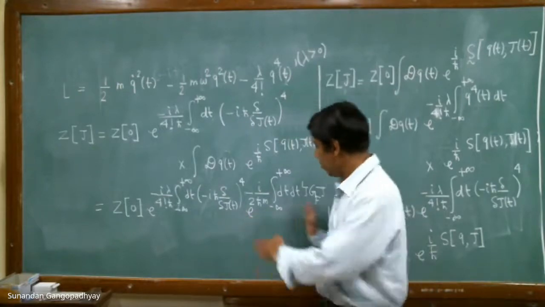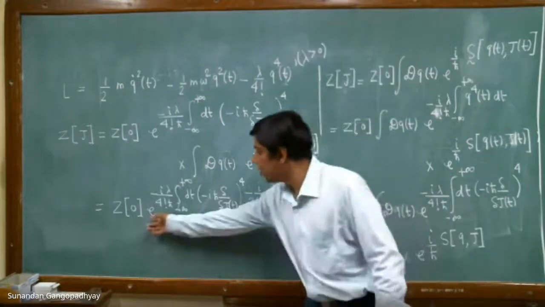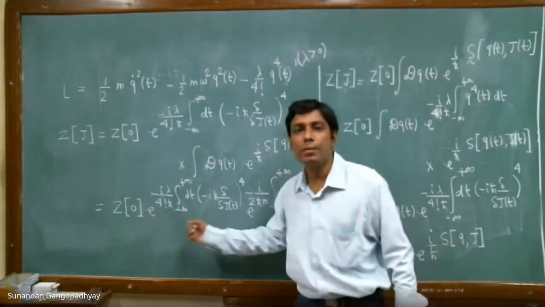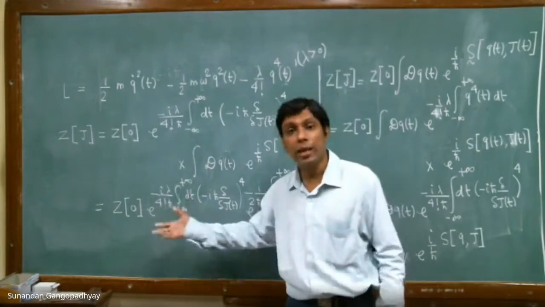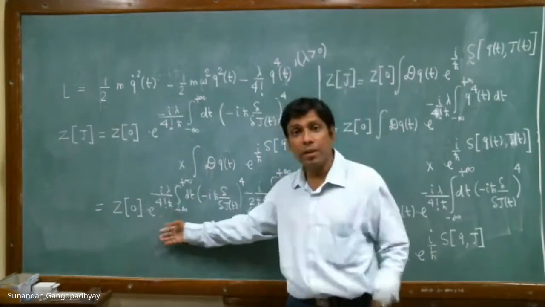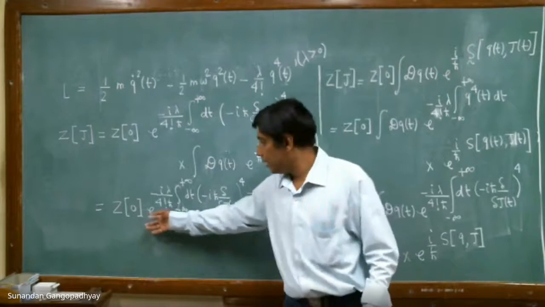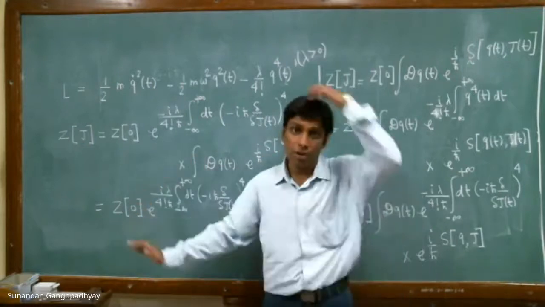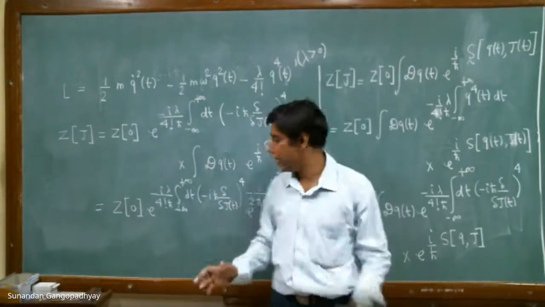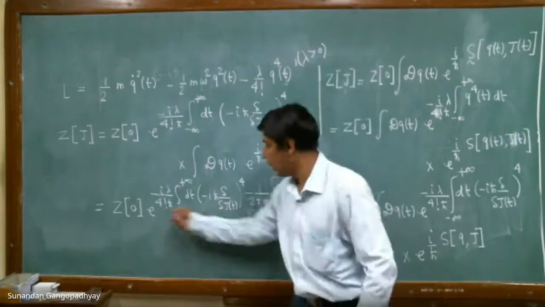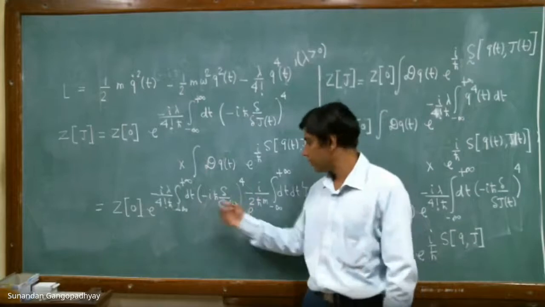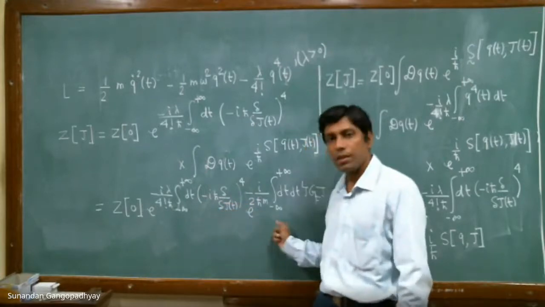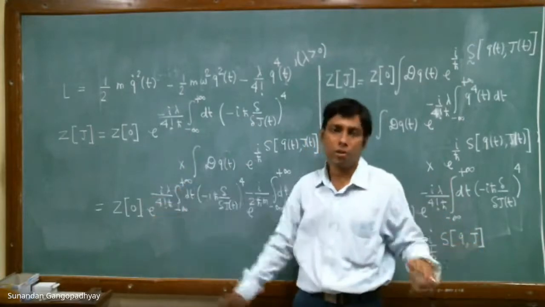And now, once you have the free theory result, you keep on taking functional derivatives with respect to the external source J, and that will give you the generating functional. So this will not give us the n-point functions. This is the full generating functional of the theory of the anharmonic oscillator. This functional derivative acts on this, and you will get the full generating functional of the theory.